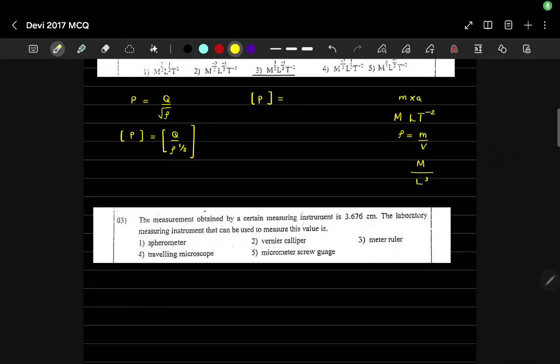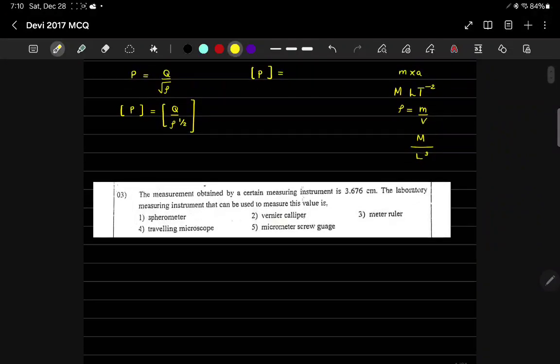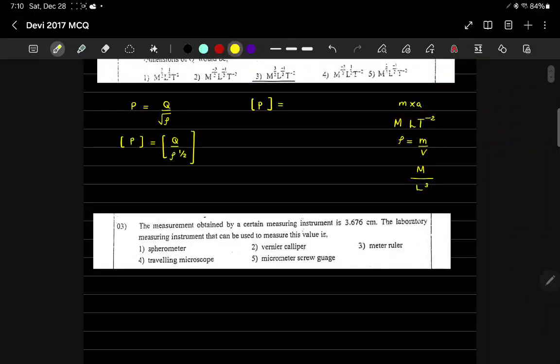And if we substitute those values into the equation, we get M L T minus 2 equals Q times M L minus 3 to the power half.